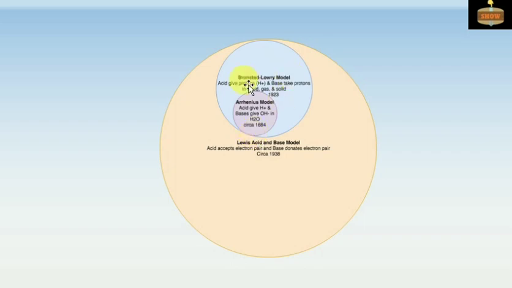We considered this the initial model. After that came a new model, the Bronsted-Lowry model, which suggested that an acid gives protons, H+, and a base takes protons, in liquid, gas and solid.